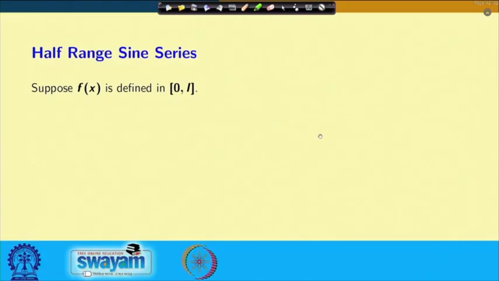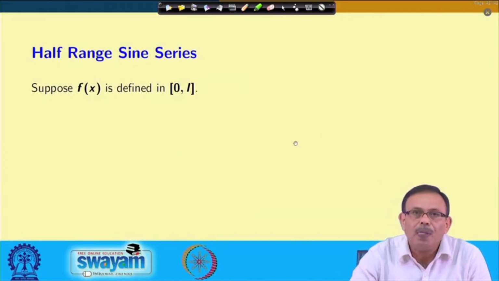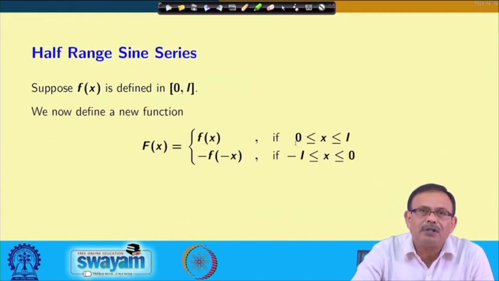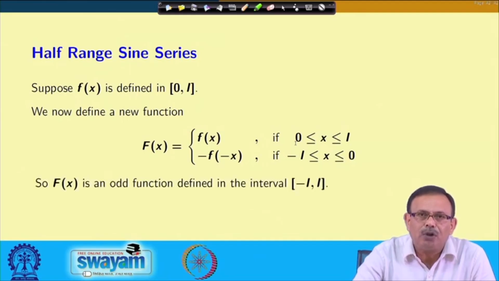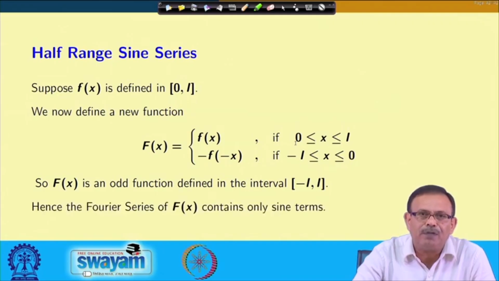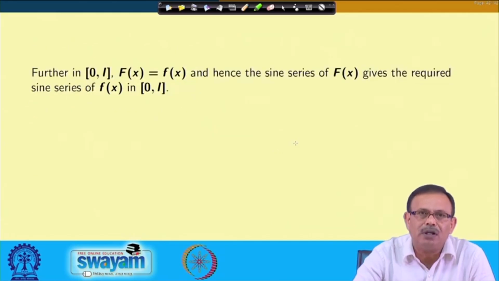So, let us see this thing. In half range sine series, we are defining capital F x as small f x in 0 to L, whereas in minus L to 0, we are defining it as minus f of minus x. So that capital F x is an odd function in the interval minus L to L, and F x can be expanded in terms of Fourier series, which will consist of sine terms only.